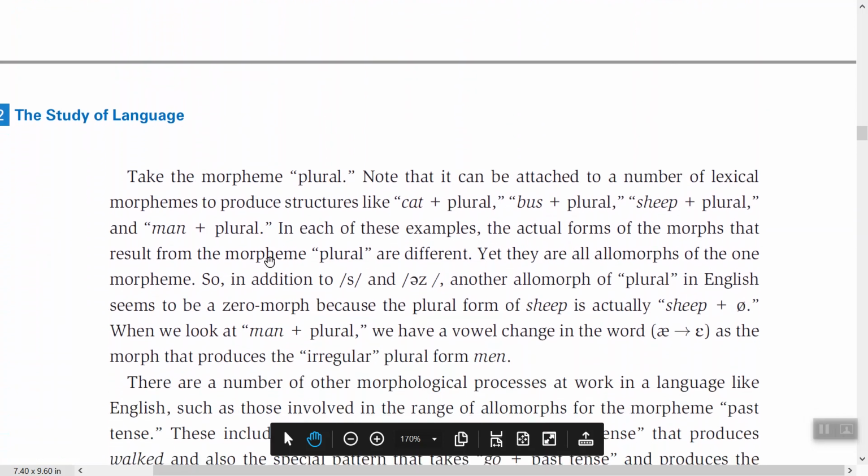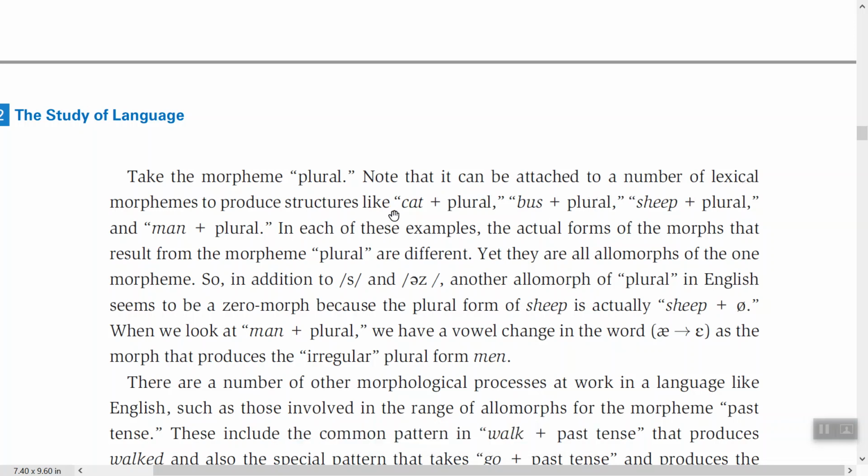Let's take an example. Take the morpheme plural. It can be attached to a number of lexical morphemes to produce structures like cat plus s, and pass plus es, then two morphs.